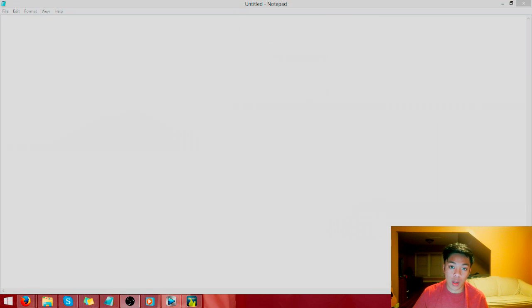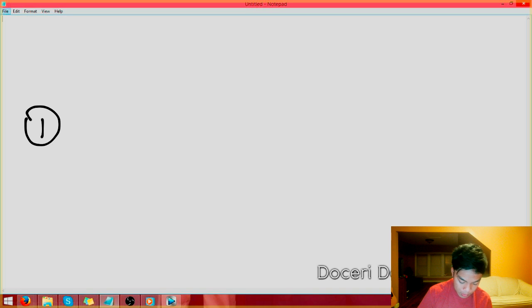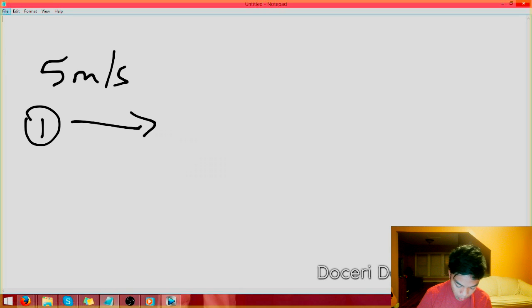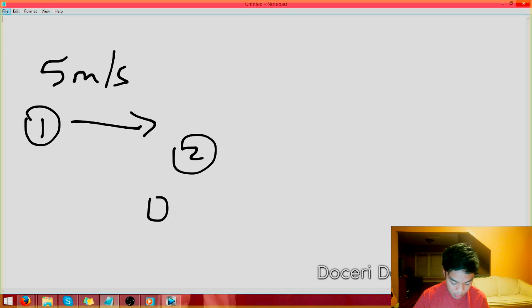Okay, so for this problem, in order to solve for the velocity, we're going to use the conservation of momentum equation, and we're going to split it up into its x and y components, so two components. Initially, ball 1 is moving just in the x direction to the right at 5 meters per second. Ball 2 is not adding anything in the x or y direction because its velocity is 0 meters per second.